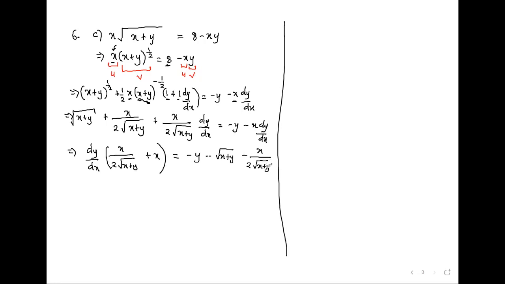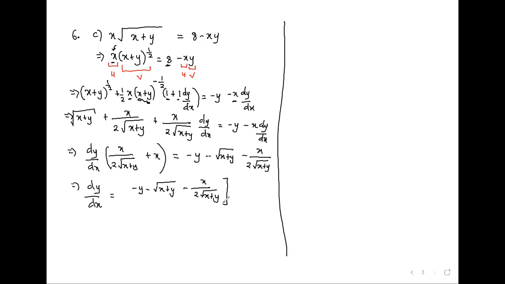So that now what we'll say is dy dx is actually negative y minus the root of (x plus y) minus x over 2 root of (x plus y).